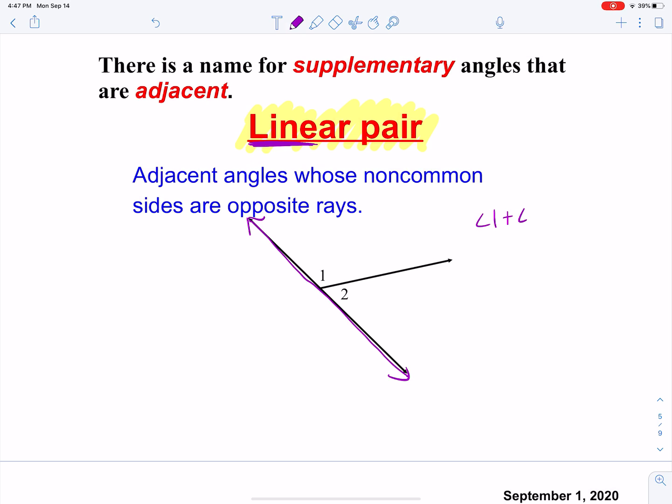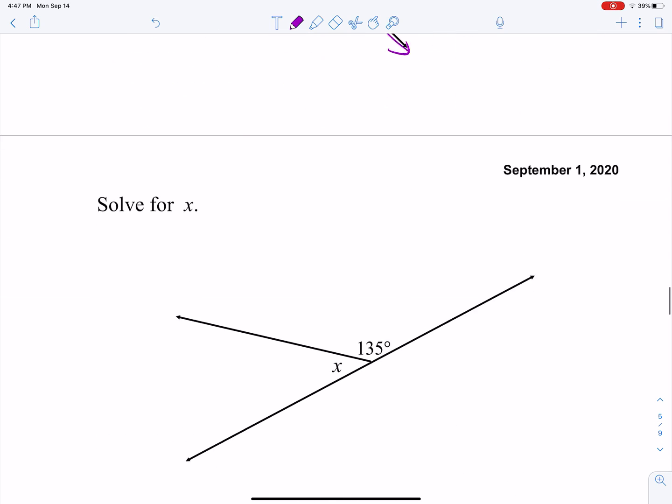So that is just a fancy word we use when angles are both supplementary, they add up to 180, and they are adjacent. That means they share a vertex and a side. So you can always draw a sketch that looks like that for a linear pair.